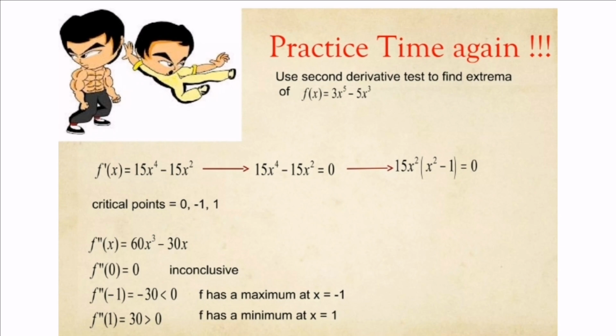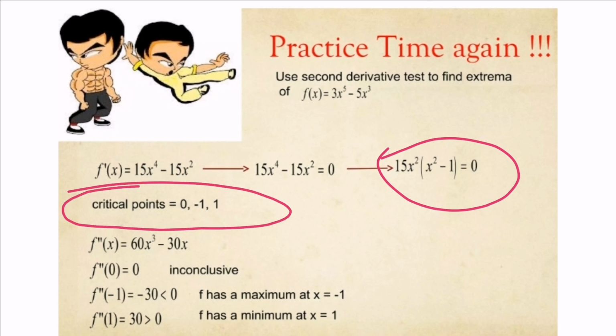Now by solving this equation, we get critical points 0, minus 1 and 1. So these are 3 critical points.